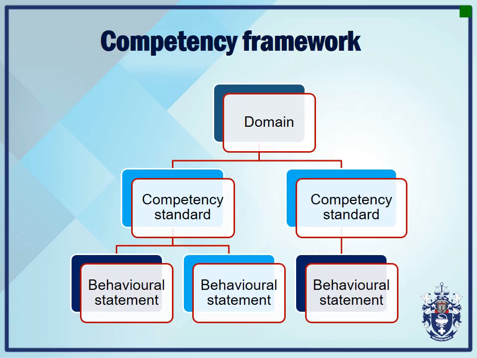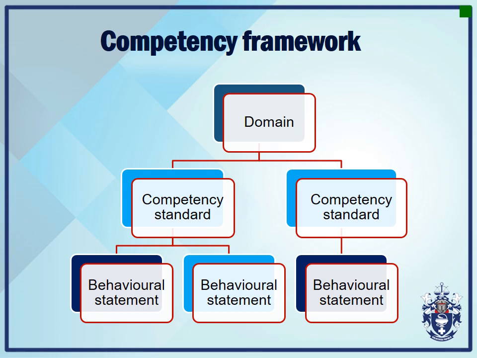So let's look at the competency framework in detail. Pages 52 and 53 of your intern manual detail all the domains and give you the competency standard. So if we look at what each of the domains contain, for example domain 1, which is your public health domain, it has a competency standard and below that it has a behavioral statement.